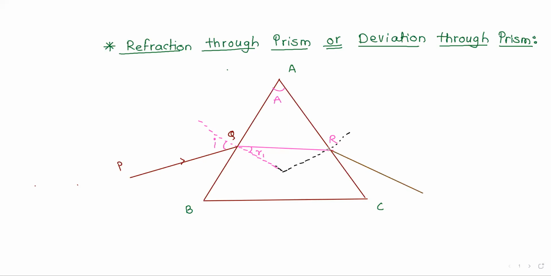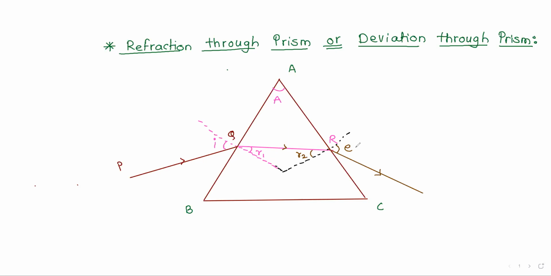So the refraction of the final ray is like this. This angle we will consider R2 because it is the second angle of incidence. R1 and R2 we can consider the same, and this angle of emergence, that is when the light ray is coming out of the prism, this angle with the normal is known as the angle of emergence.